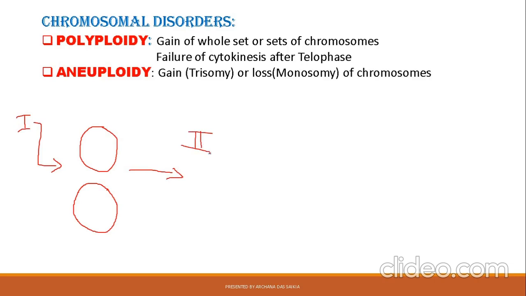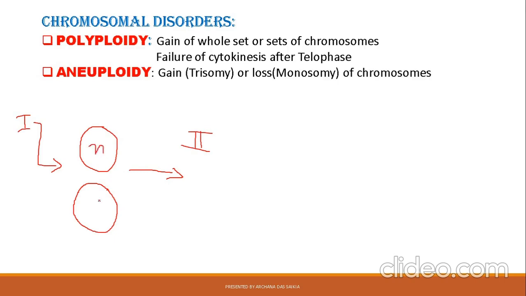We have to always keep in mind that meiosis is the type of cell division responsible for formation of gametes. So this is the process of gametogenesis that is going on through meiosis. At the end of meiosis 1, we get 2 daughter cells, each having a haploid number of chromosomes.